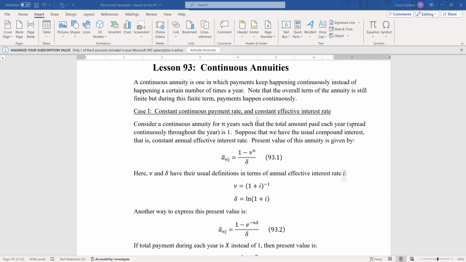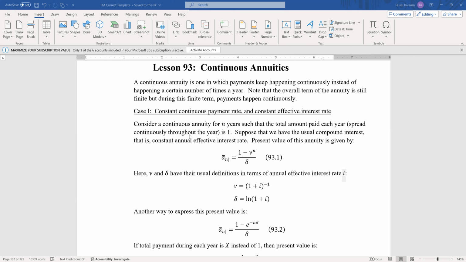You know that mostly we have been dealing with constant effective interest rate, but sometimes we do deal with variable rate, like the variable force of interest.